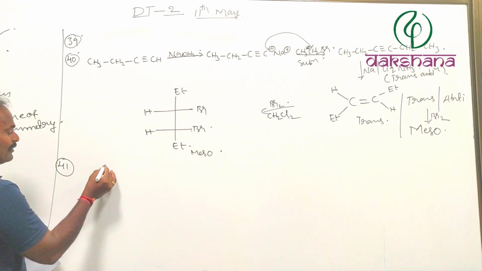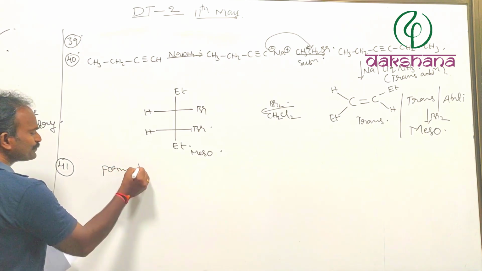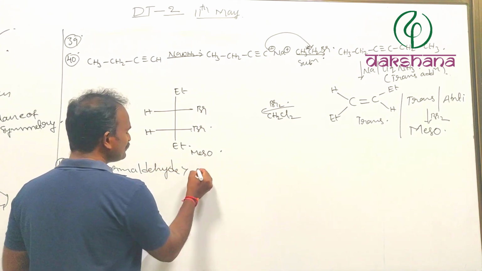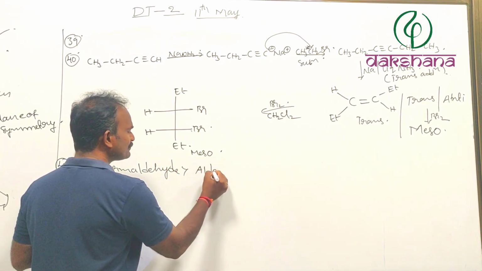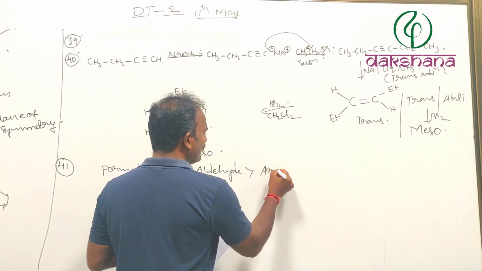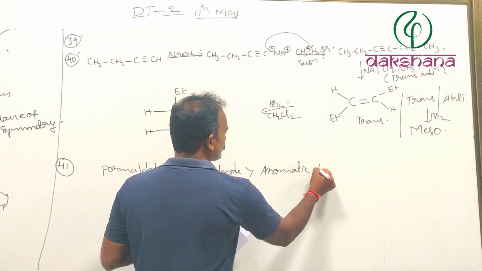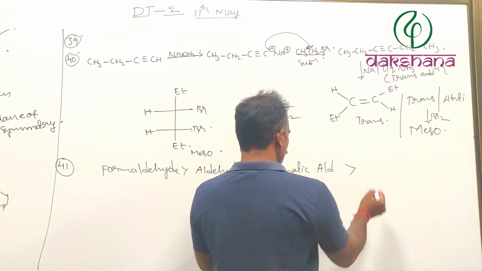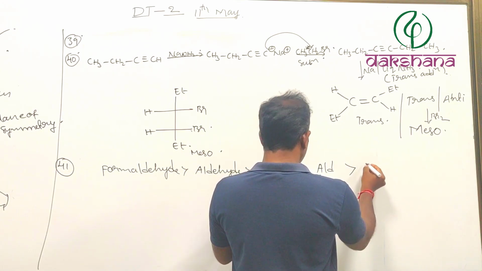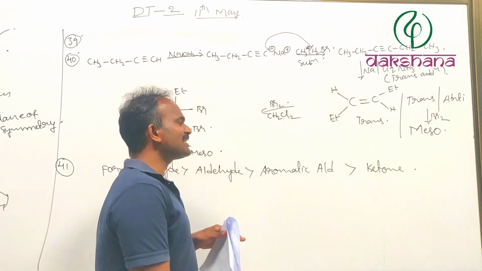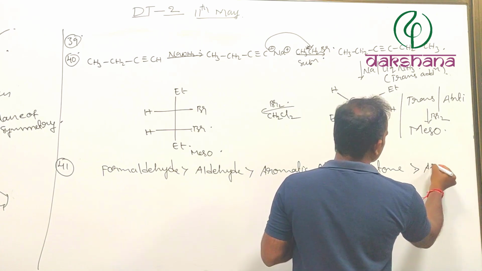What is the order? The first one is going to be formaldehyde, which is greater than normal aldehyde, which is greater than aromatic aldehyde, which is greater than normal ketone, which is greater than aromatic ketone.